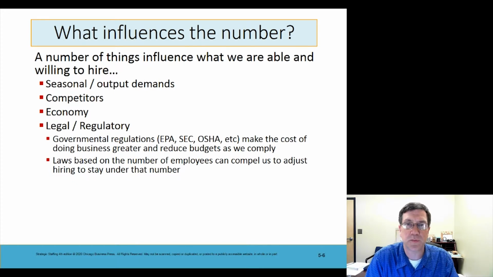But also from the perspective of legal and regulatory, there are times when our local governments or our state governments or our federal government pass laws that require me to do certain things, and that impacts what I am able to do. Or they pass a law that says that if you have 20 or more employees, this affects you.